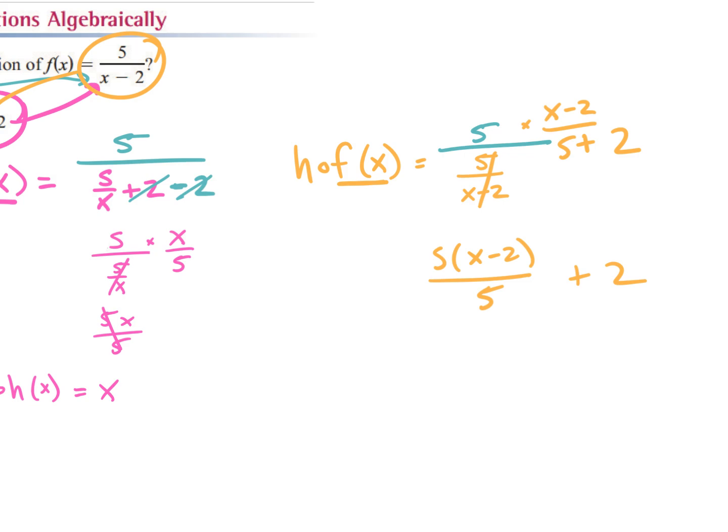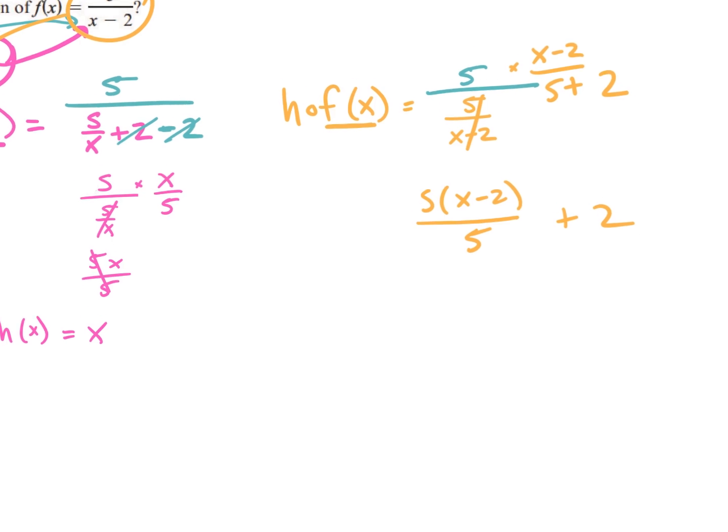Do we see anything that simplifies here? The 5s. Multiplying by 5 and dividing by 5 will cancel. So we have x minus 2 plus 2. The minus 2 and the plus 2 cancel, so we're just left with x. So h of f of x equals x.